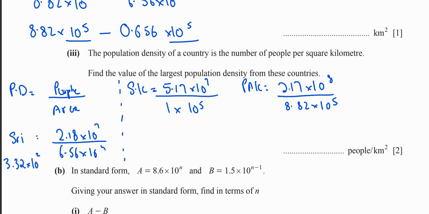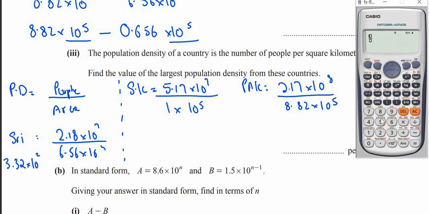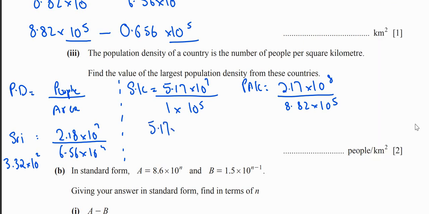Okay, then I'll do it for South Korea. 5.17 multiplied by 10 raised to power 7 upon 1 multiplied by 10 raised to power 5. It's 517, so I will write 5.17 multiplied by 10 raised to power 2.